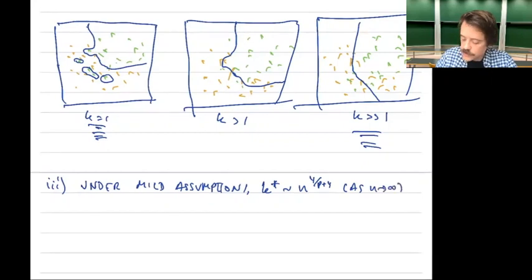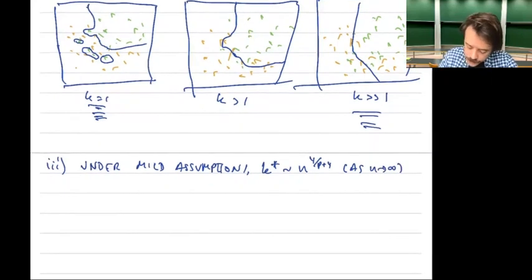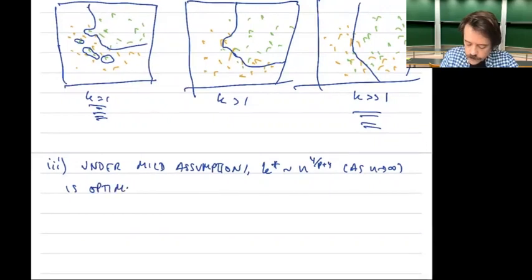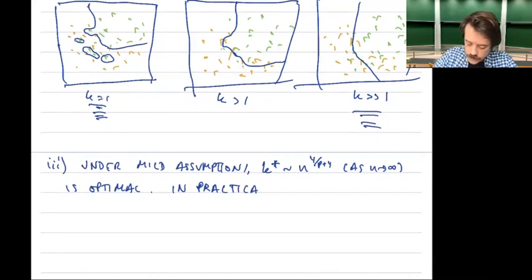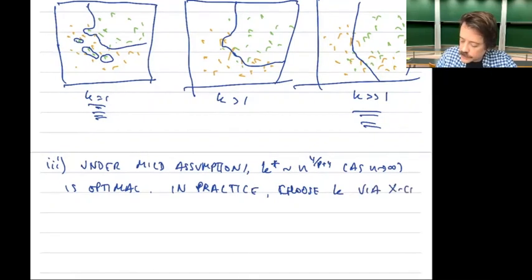So I'm saying this order is optimal, and this is under some regularity assumptions on the classification boundaries. But in practice, because this is only the order, we're missing the constant. We don't know the constant generally in practice. So in practice, what do we do, right? We choose k via cross-validation.